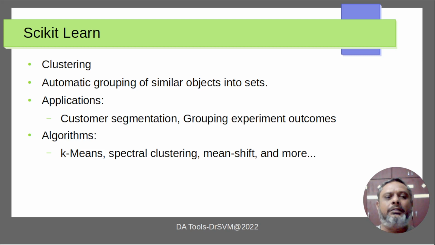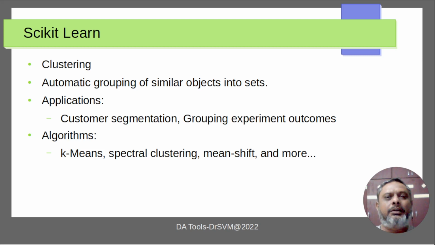This group should contain the similar objects into sets. So that's clustering. Application: customer segmentation. Looking at the data, you would like to segment the customers into various categories, and then grouping experiment outcomes and so on.